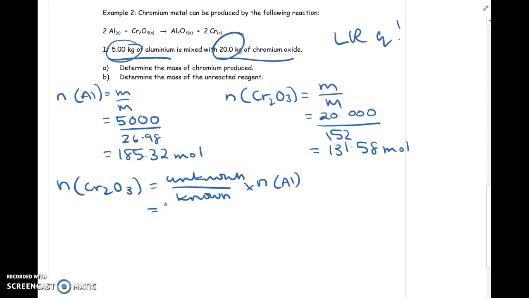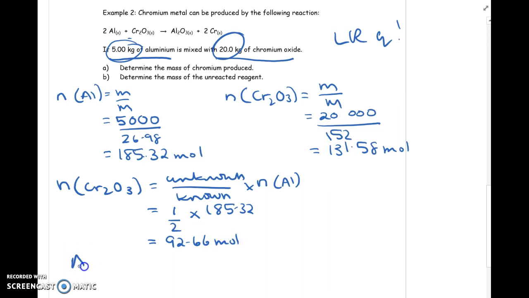Using our balanced chemical equation, the unknown is 1, the known is 2, times 185.32. And this comes out to 92.66 moles.